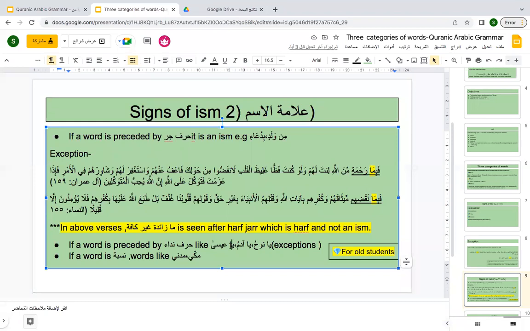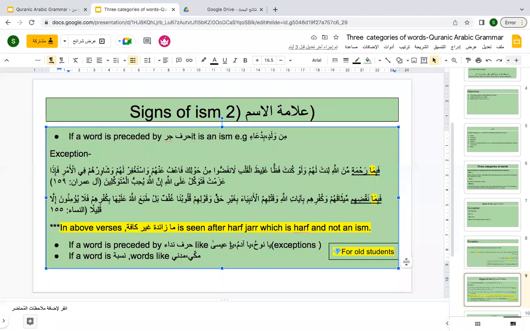So if you see harf jar, whatever is following harf jar is going to be an ism. There are exceptions, and I have put them on the slide because we also have advanced students with us taking this class, so that they also benefit from those rare exceptions. I have put those exceptions there.